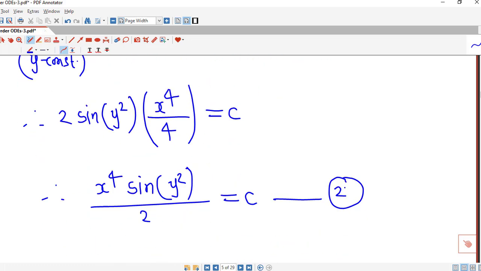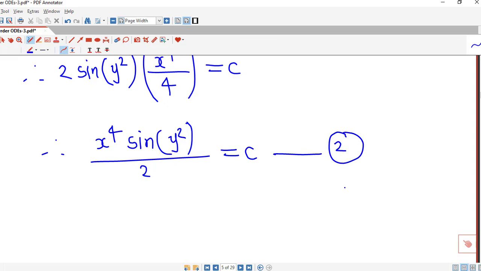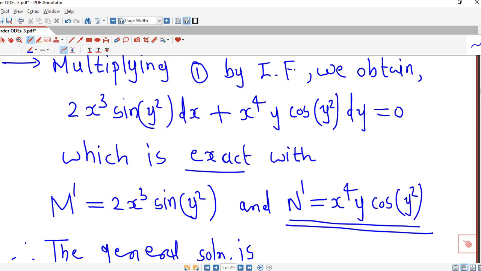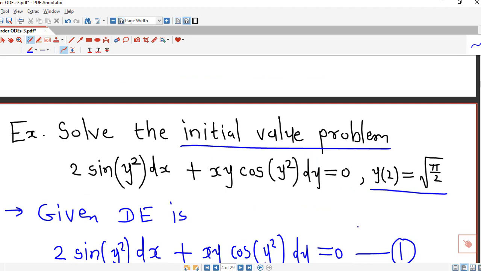Now we use the initial condition to find the particular solution, and the initial condition was y of 2 equal to square root of pi by 2. That is, when x equal to 2, y is square root of pi by 2.